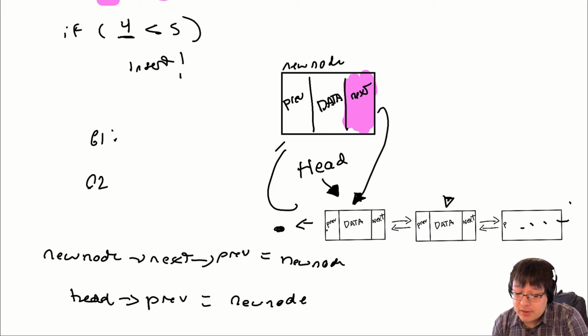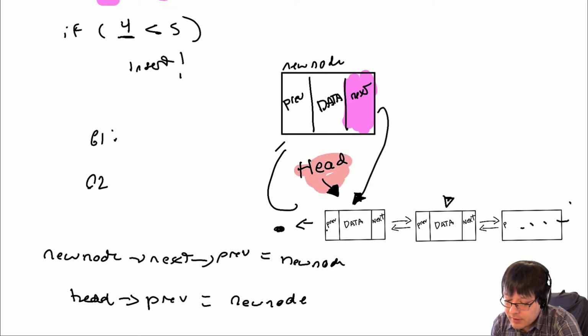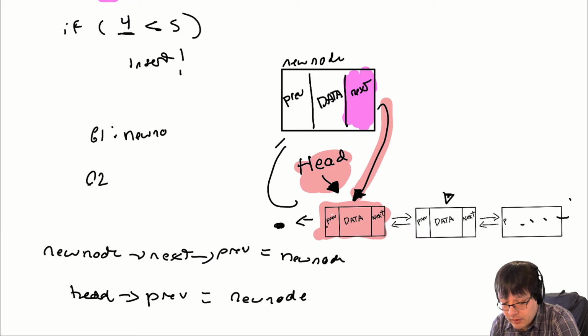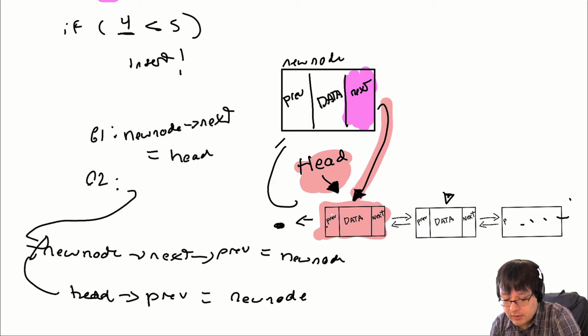Okay, so just to review, since it might have been off the screen: for your new node's next, you want to copy what is currently in head, because that's the same thing you want this to point to, which is this item here. That is why line 61 says new node next gets head, and then line 62 says this here, either of these, but I like the bottom one better.